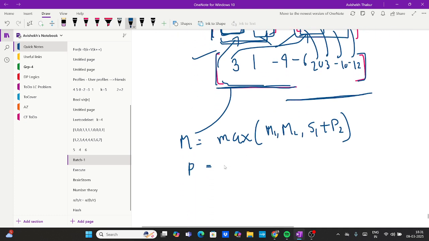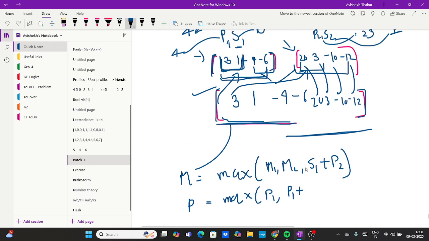So can I say one of the possibilities is P1 exactly, and P1 plus S1, and P1 plus S1 plus P2 it can be.